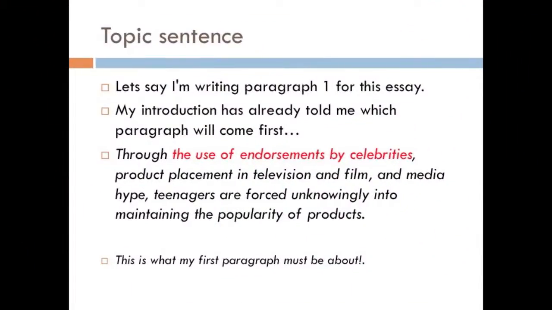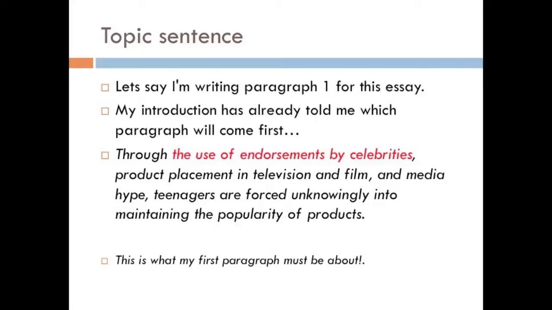So your topic sentence is, like I said, your main sentence. So let's say I'm writing my paragraph 1 for this example essay that I've been talking about. My introduction has already told me which paragraph will come first. Back in my developing sentences, I said, through the use of endorsements by celebrities, product placement, and so on.